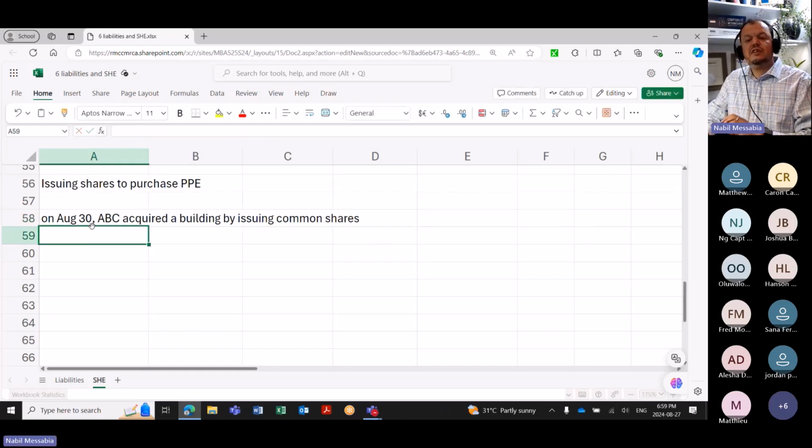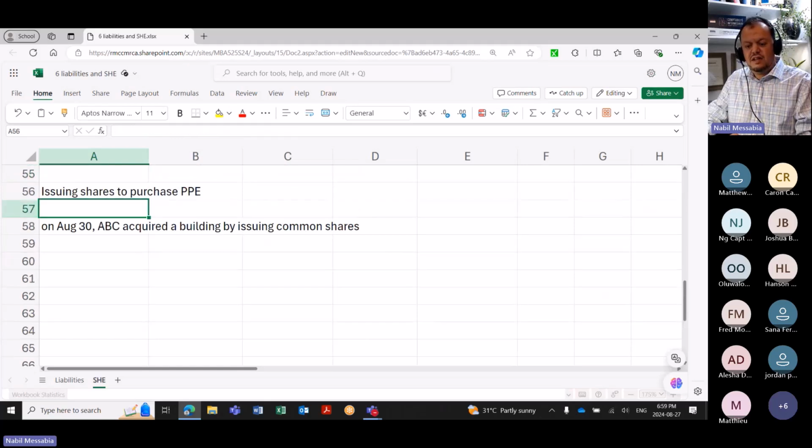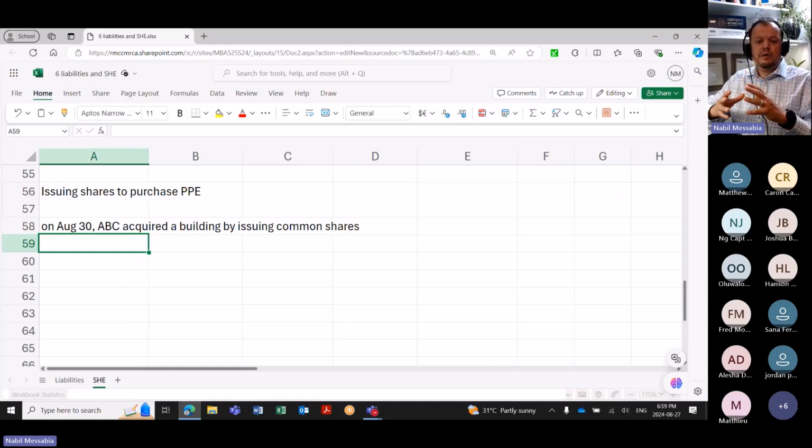And what is particular in this? Where is this situation problematic? The situation is problematic because if it was bought by cash, we will debit building, and on the credit side we put the amount of cash paid.